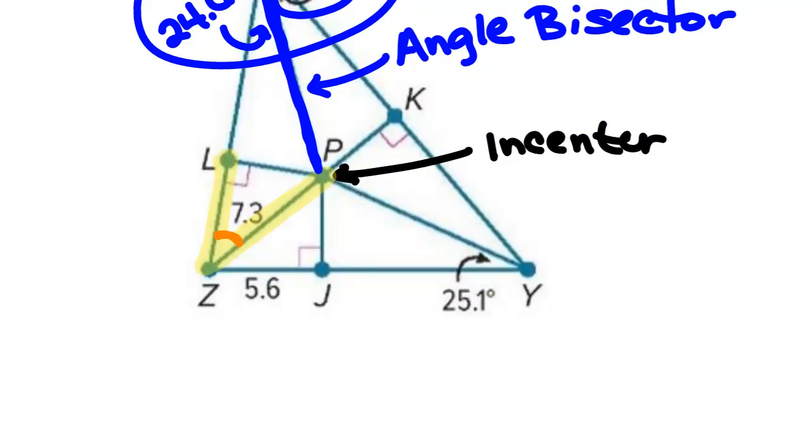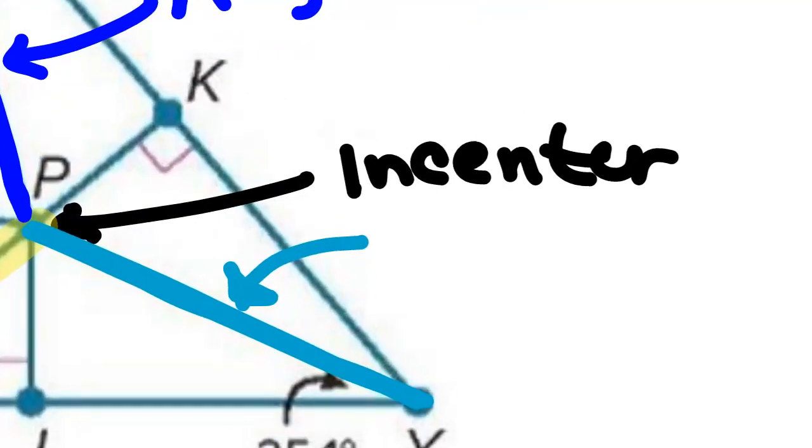All right, let's come down here. Because P is the incenter, what is the name for segment PY? Angle bisector.